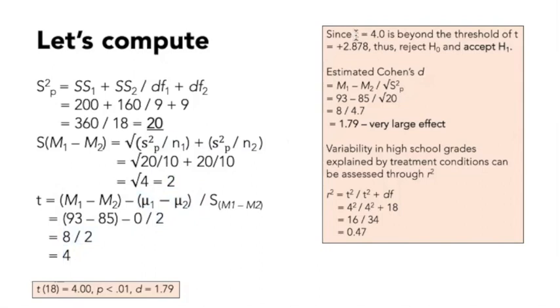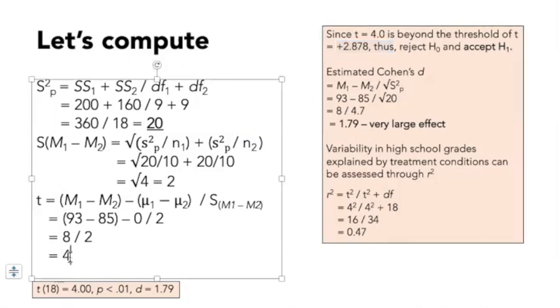Now, since the t value here is 4.0, this 4.0 is beyond the threshold of the t that we got from the distribution for alpha 0.01 and degrees of freedom 18. The value that we got was plus 2.878, and the obtained t statistic here is 4.